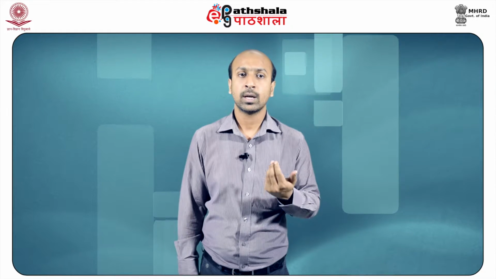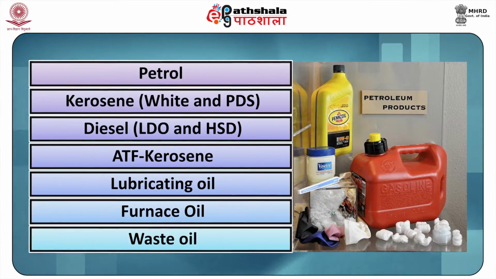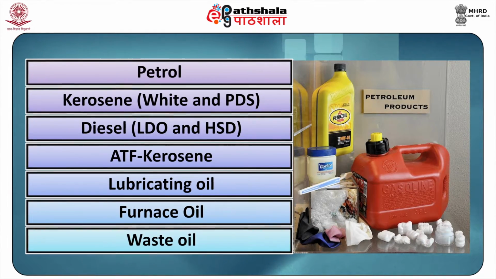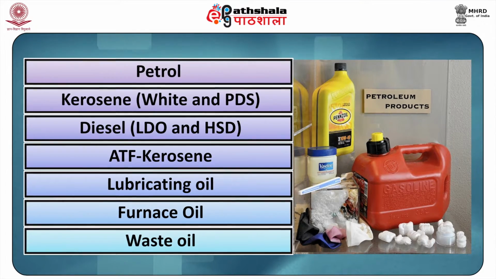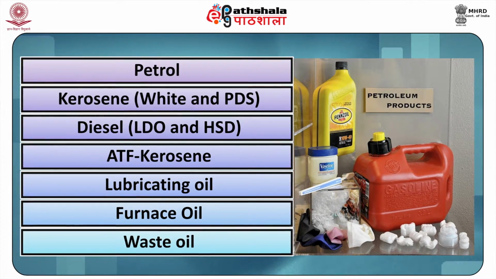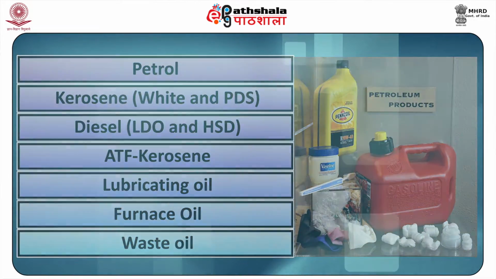Petroleum products most frequently referred to any forensic science laboratory for examination are petrol, kerosene, white and PDS, diesel also known as LGO and HSD, ATF, kerosene, lubricating oil, furnace oil, waste oil, etc.